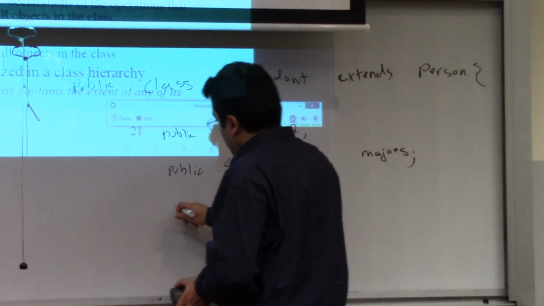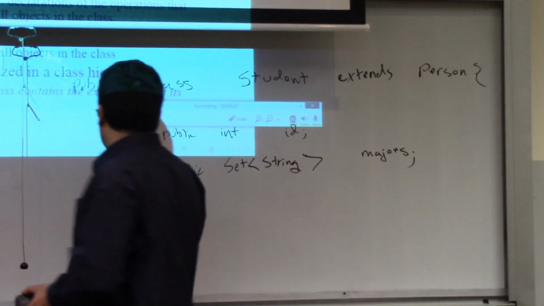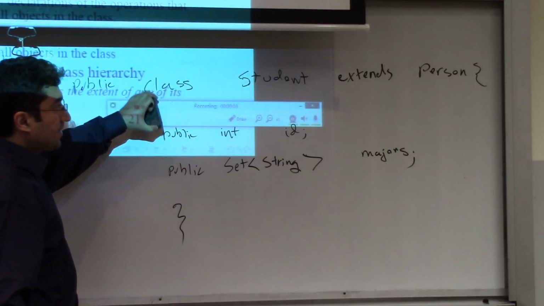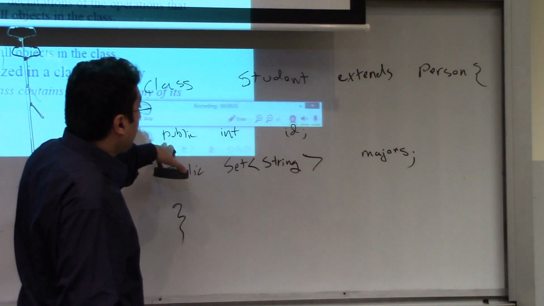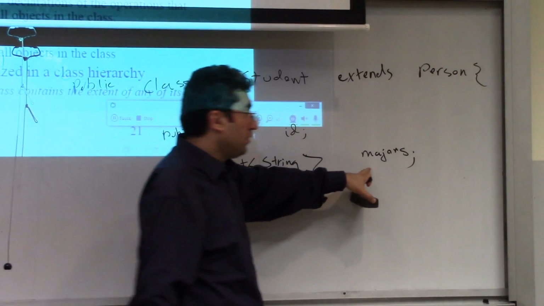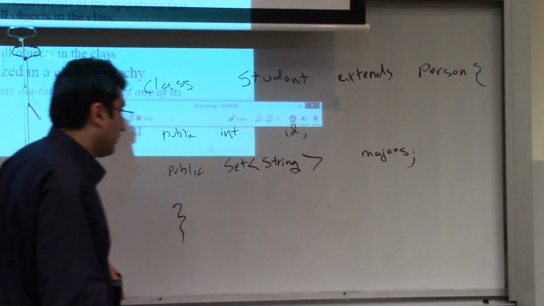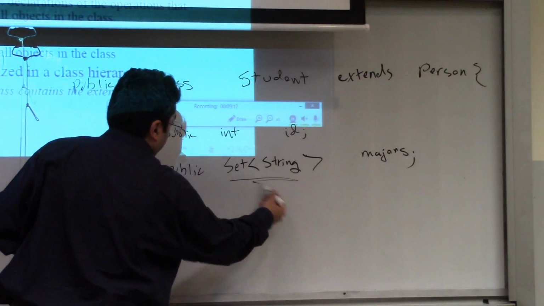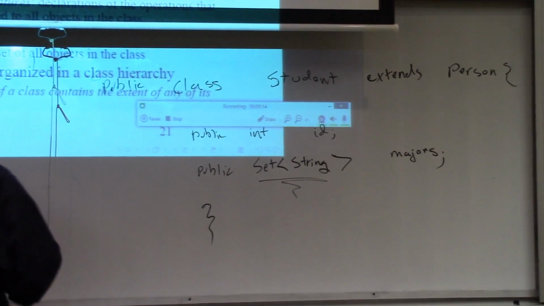This is similar to the objects we had before, right? The student class extends person, and it also has a student ID and also a set of majors, right? This is how you define the set in Java, right? Set of strings.